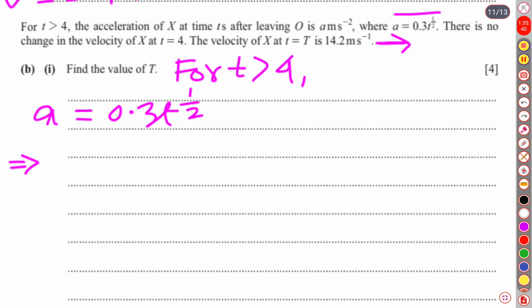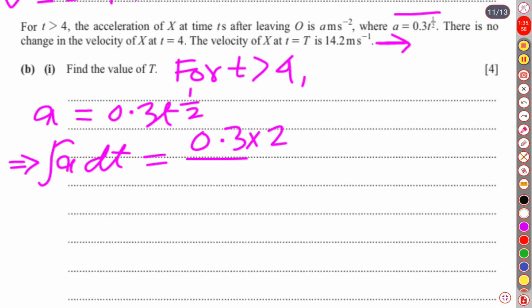So if we integrate acceleration in terms of t, half plus 1 is 3 over 2, so it is going to be 2 over 3. So 0.3 into 2 over 3, and the exponent of t is going to increase by 1, so it is 3 over 2.